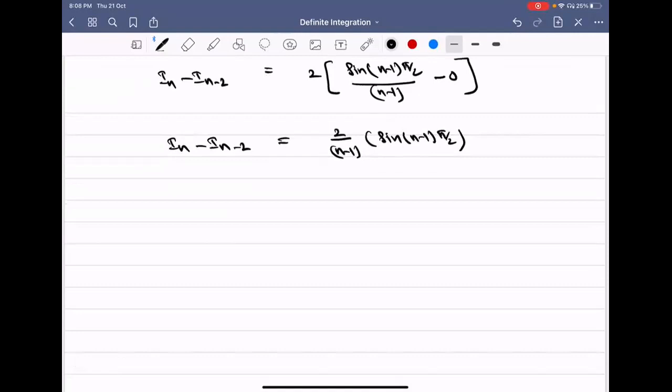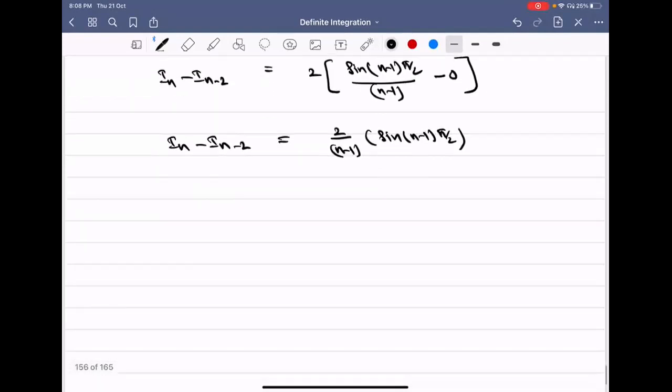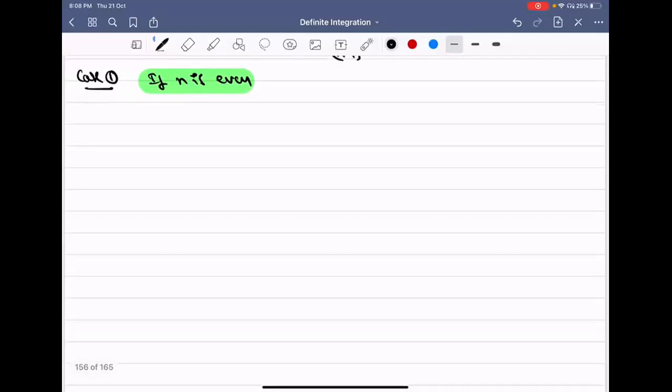This is our I_n minus I_(n-2). Now two cases arise. Case 1 is n is even, case 2 is n is odd. First, case 1, if n is even. Then I_n minus I_(n-2) is equal to 2 over (n minus 1) into sin of (n minus 1) into pi by 2.